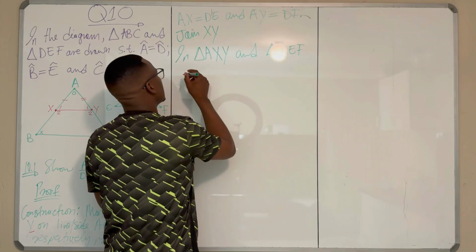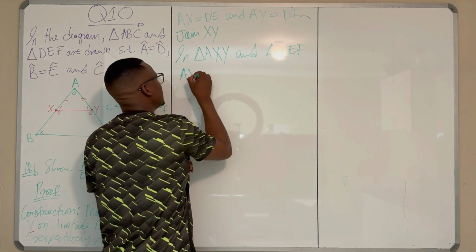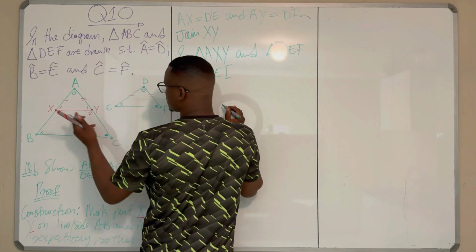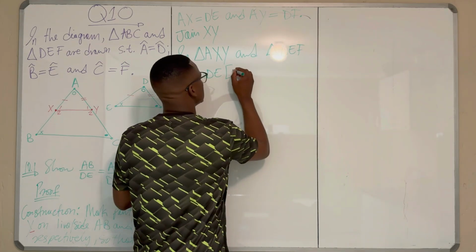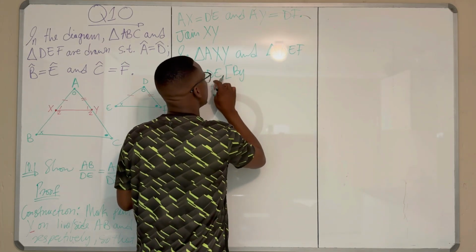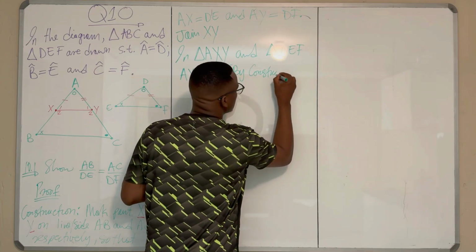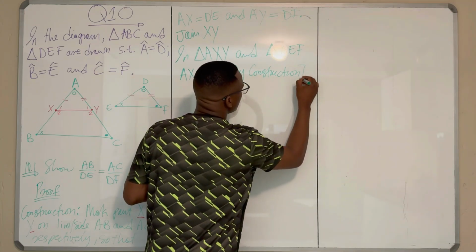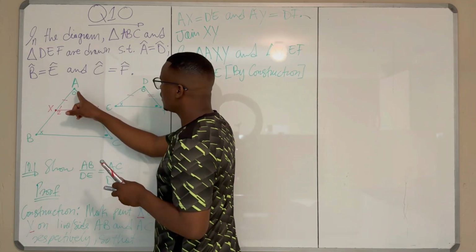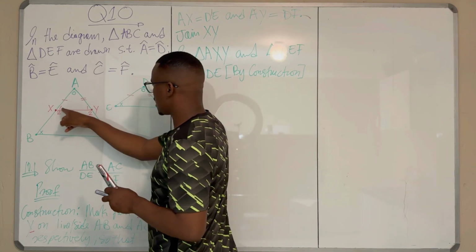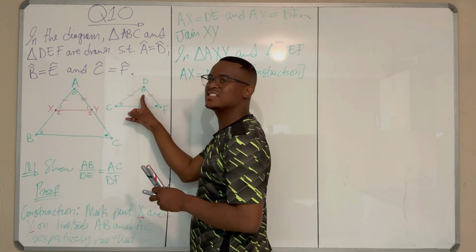So side AX is equal to DE, because that's how I've constructed this triangle, these two sides. So we constructed such that these two are equal. Right? No problem. Next, angle A of this triangle over here is equal to angle D. We're given that.